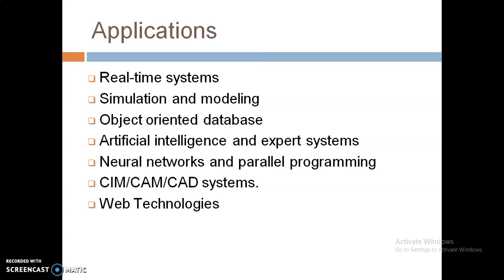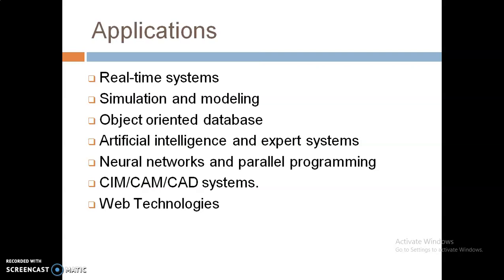Then the next one is object-oriented databases. The way we create object-oriented programs, in the same way we can have object-oriented databases. In the area of databases, we can use the object-oriented paradigm.